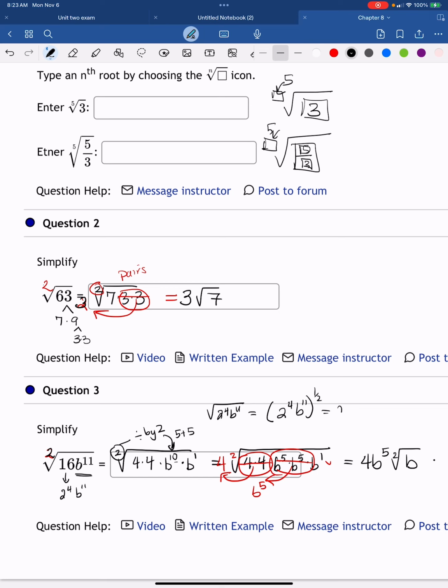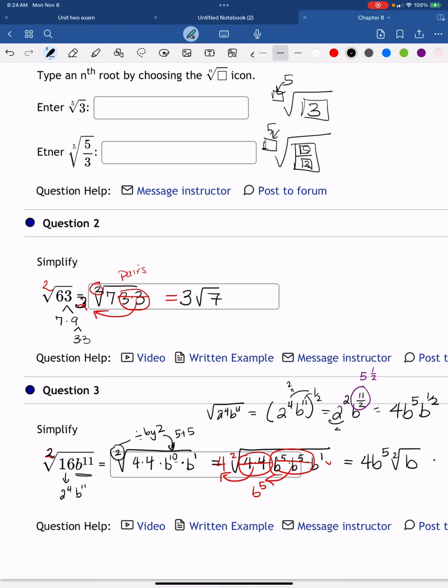And I get 4 times 1/2, and that equals 2, and then I have 11 times 1/2. So I have 2 squared times b to the 11 halves. Now this is where we want to convert. This 11 halves is 5 and 1/2. So this becomes, and this guy is equal to 4, so we have 4 b to the 5th, and then we have a b to the 1/2 left over.